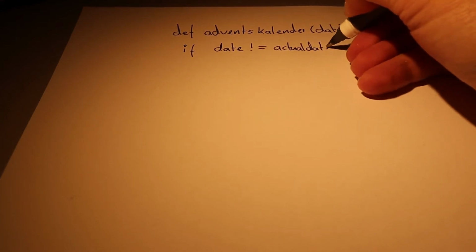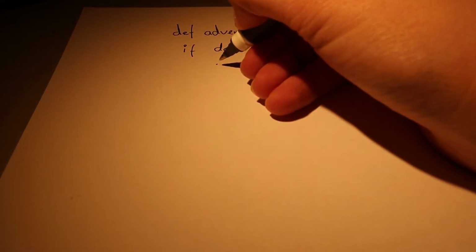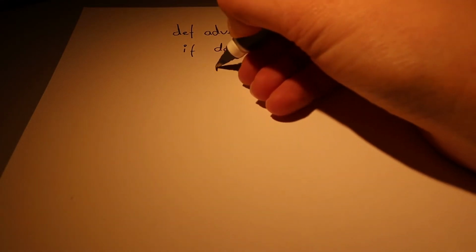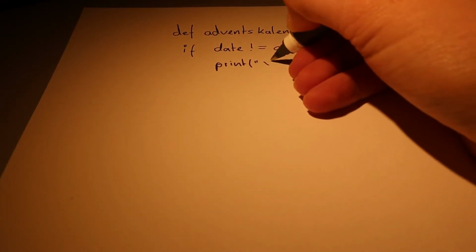So I need to find out how to get the actual date in Python. I know it in MATLAB, which is the other programming language I know. Then it should print "You are cheating."